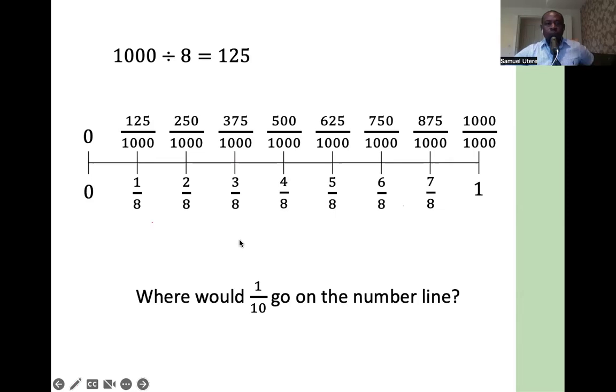But where would 1/10 go on the number line? Have a think. Well, if you think about it in terms of a thousandth equivalent, 1/10 will be the same thing as 100 over 1,000. So the best place to place it will be close to 125, which is that location.